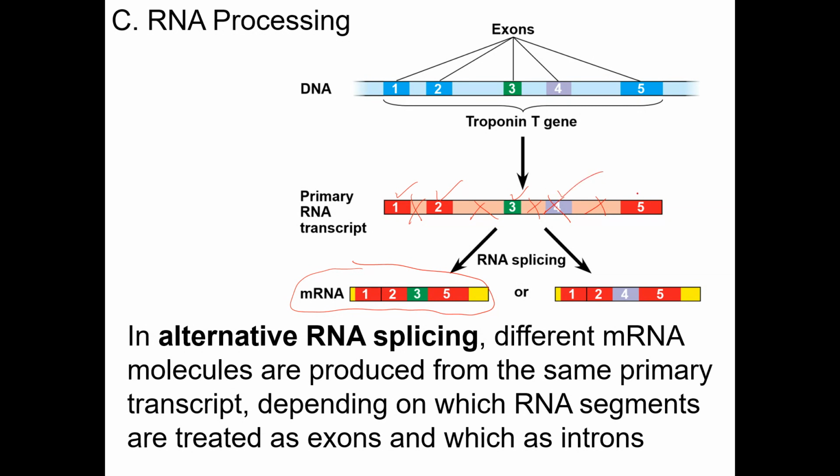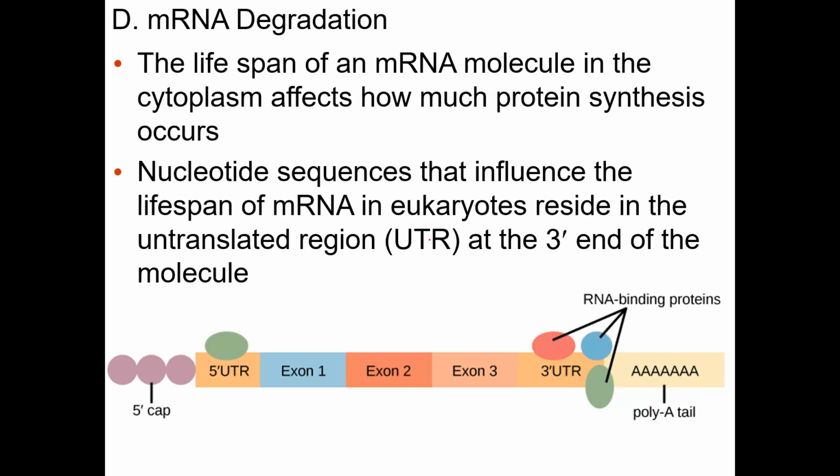You can use different exons. So if you don't use this one, but you use this one instead, and you put these exons together, then you're going to produce a different protein. So alternative RNA splicing can give you different proteins from the same pre-mRNA. That's another way that you can control which proteins are made.